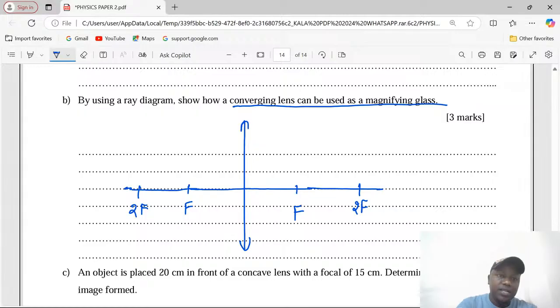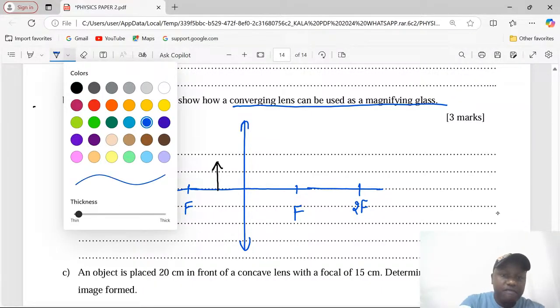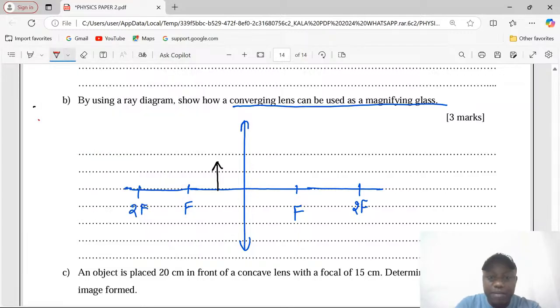For a magnified image to be formed, we need the object to be between F and the optical center. Then we draw important rays to ensure that an image is formed.